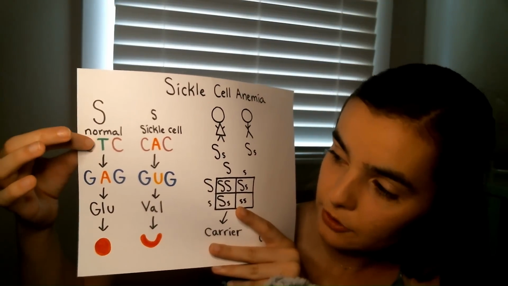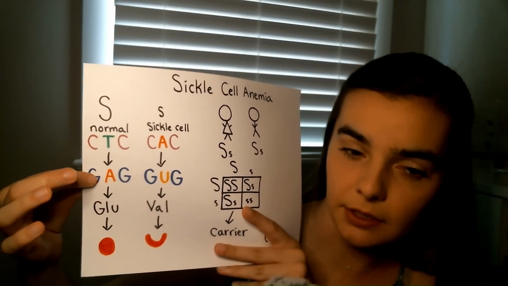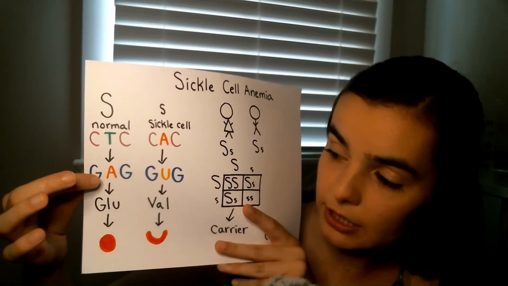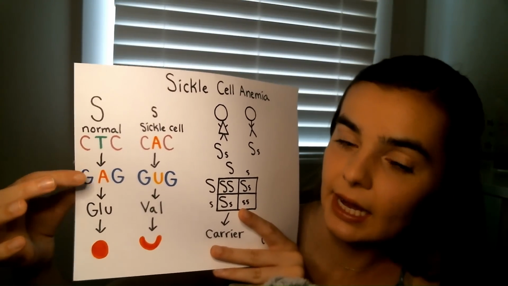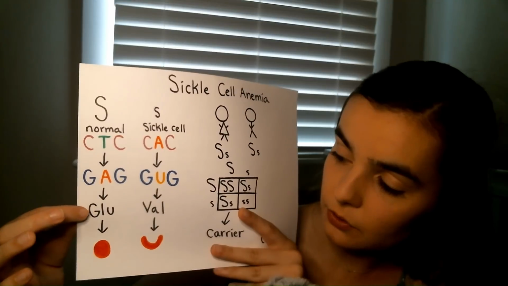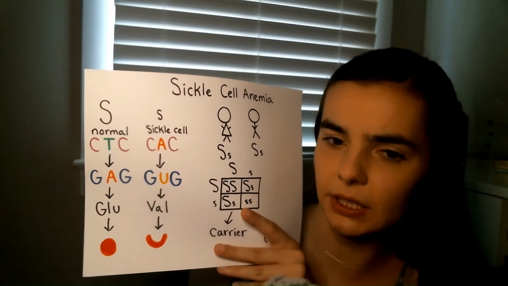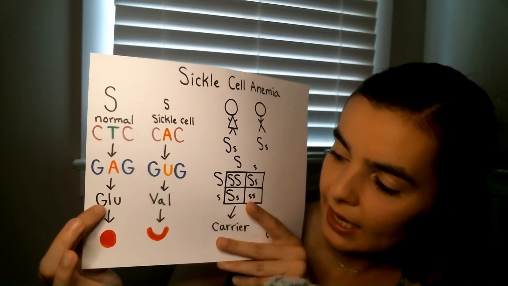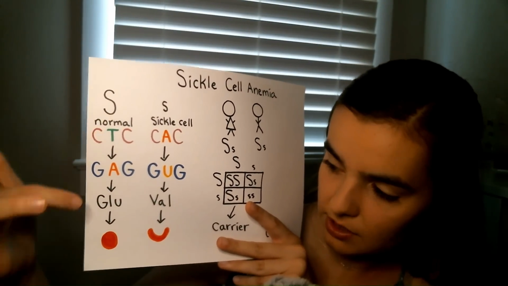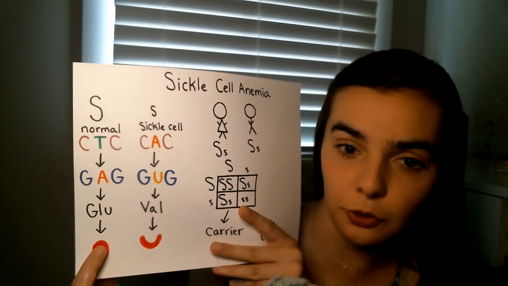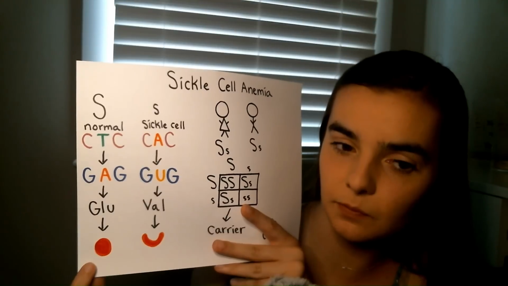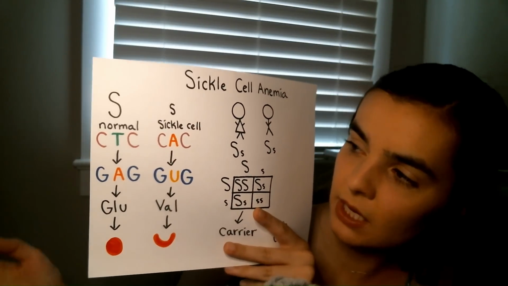When it's transcribed into mRNA, you get GAG. And so when you make a protein, you get a glutamine, I think, glutamine. And when you have this normal protein, you get normal red blood cells that look like this.